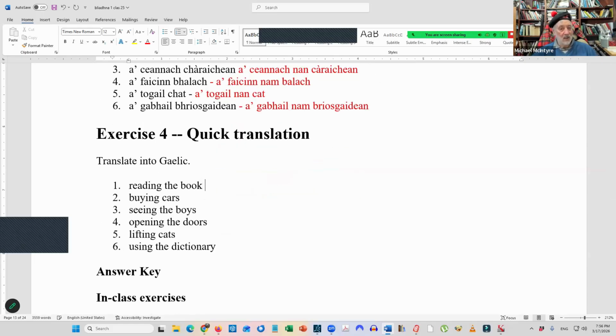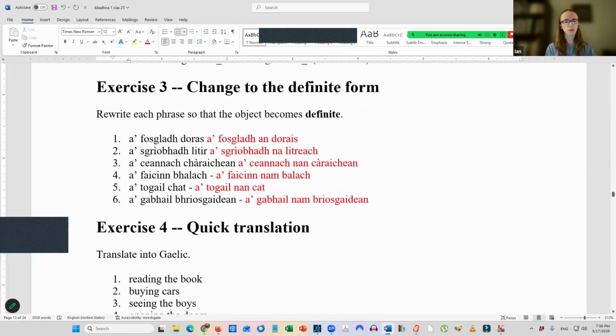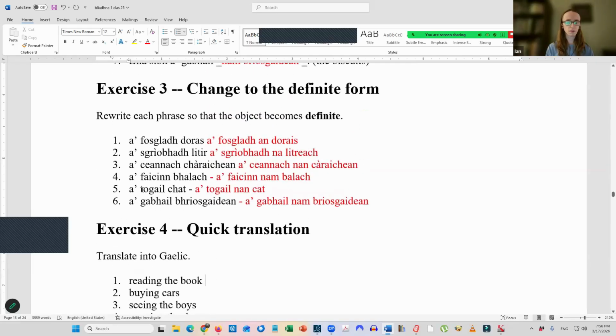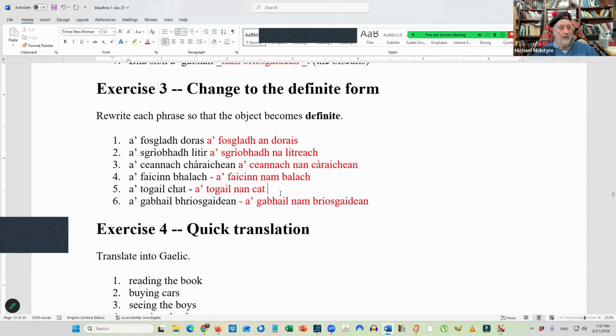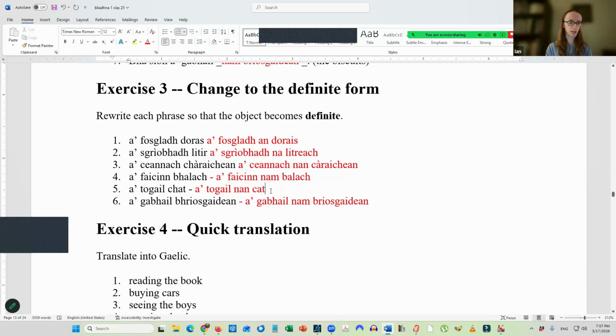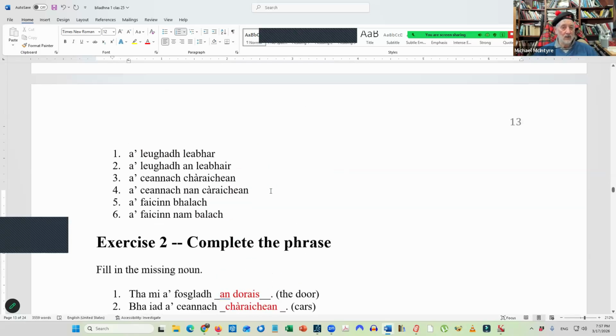Professor, quick question about number 5 there. Why does cot get the definite article non if it's not... is that the plural that we're dealing with there? Yes, it is the plural. Okay, got it. My bad. Thank you. I don't know if I dealt with this here.